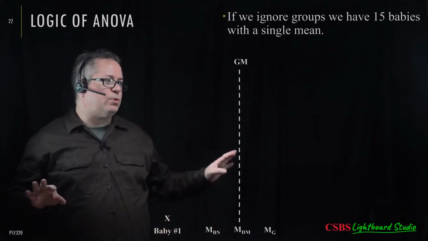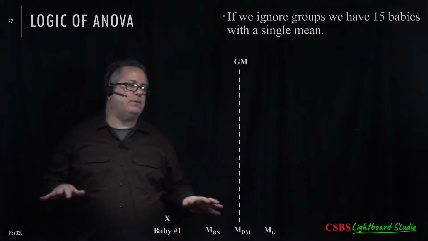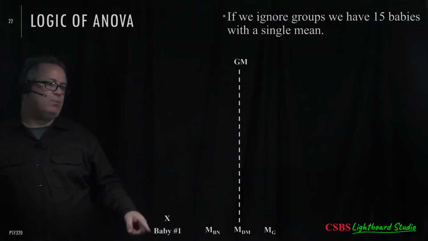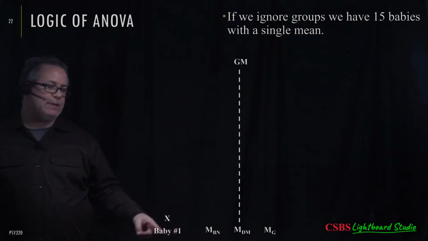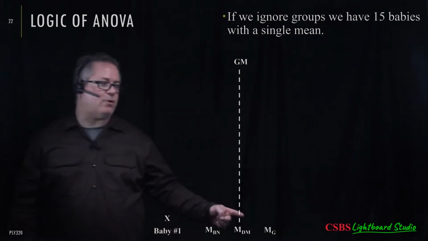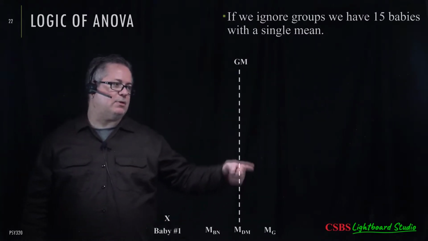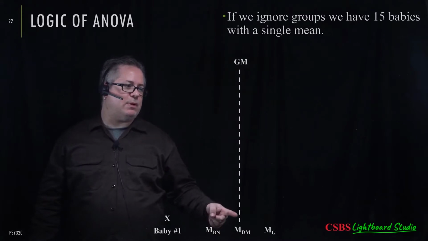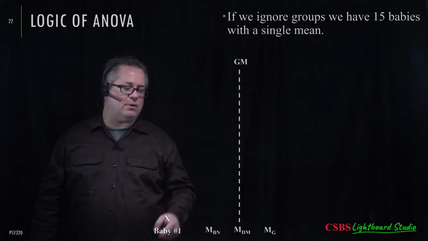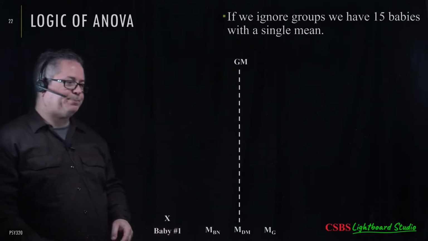Let's say we ignore the groups and we have these 15 babies, and I want to focus on just one particular baby. Let's call it baby number 1. It doesn't matter which baby it is, I'm just giving it a name. Let's say this baby happens to be far away from the grand mean. The grand mean is 6.333, and this baby is some distance away.